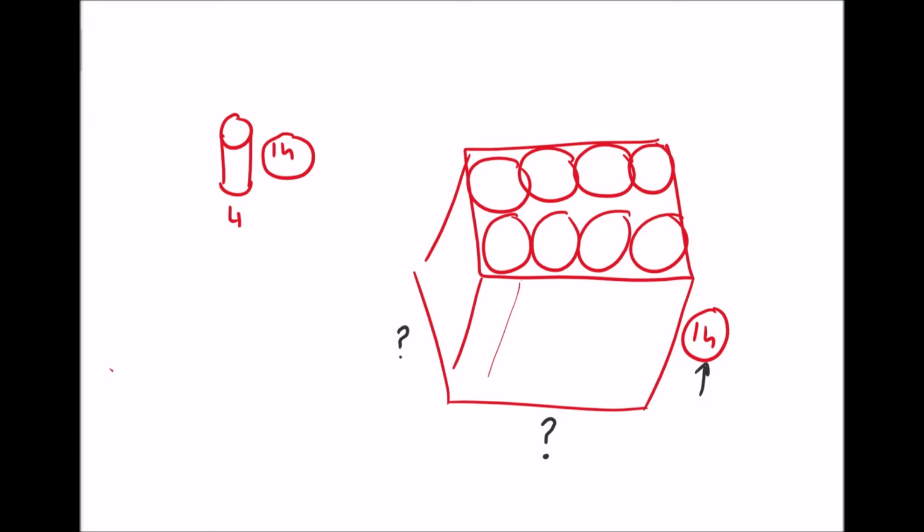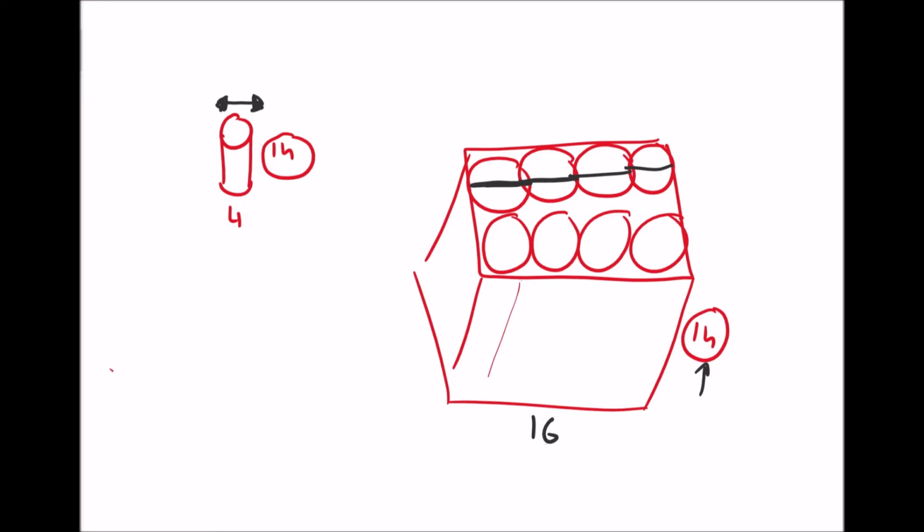However, I know that the diameter of these cylinders are 4 centimeters. So that means from here to here is 4, and also that's 4, and that's 4, and that's 4. So 4 plus 4 plus 4 plus 4 is 16. So I'm after getting the length of it.